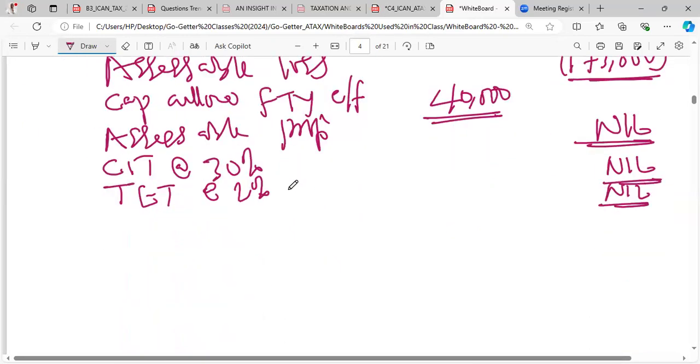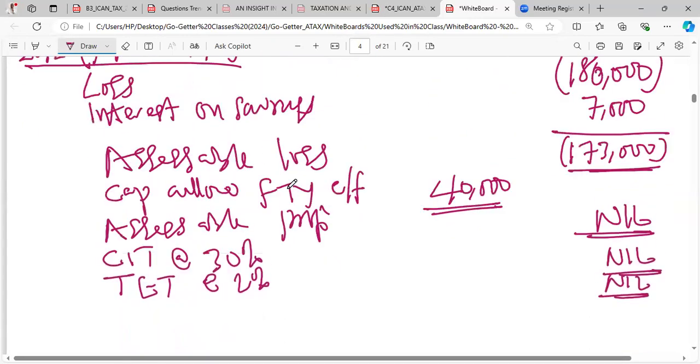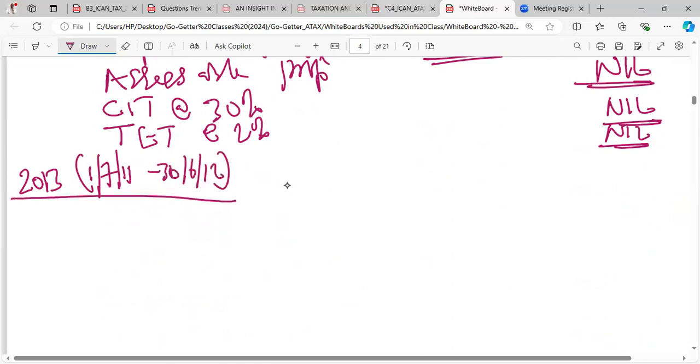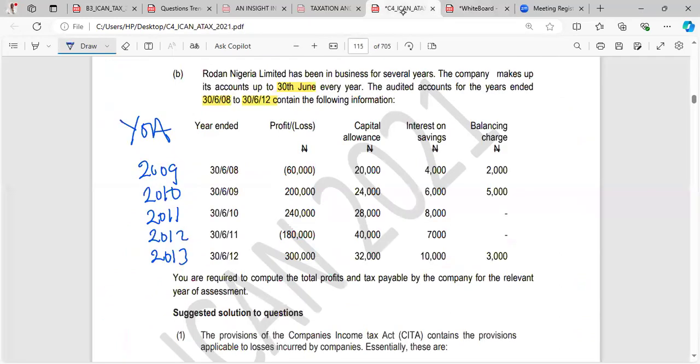Then we'll go for the last year, which is 2013. It will start from July 1, 2011 to 30th June 2012. What were we given? Profit 300,000.